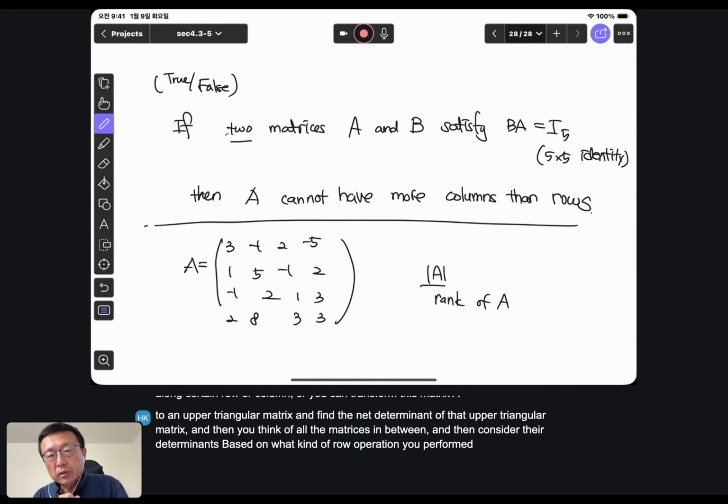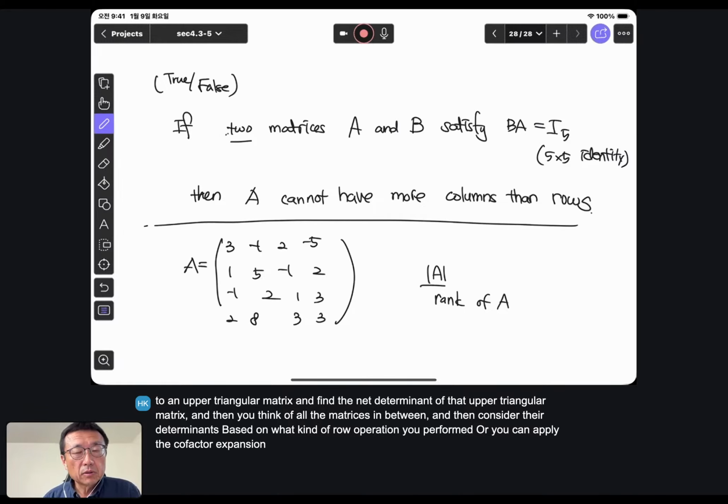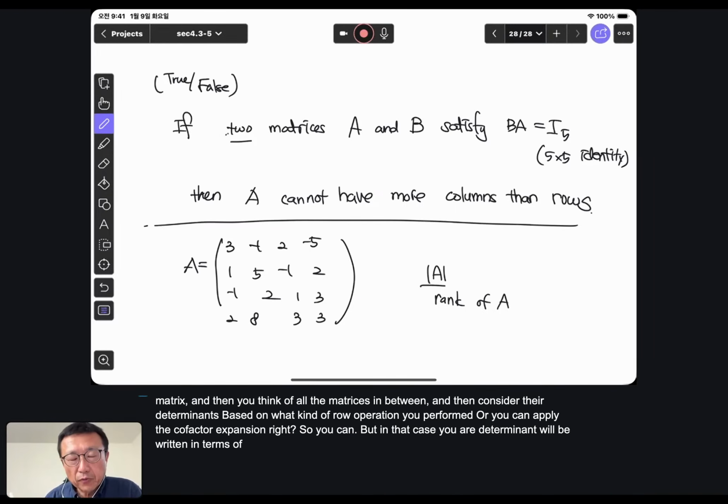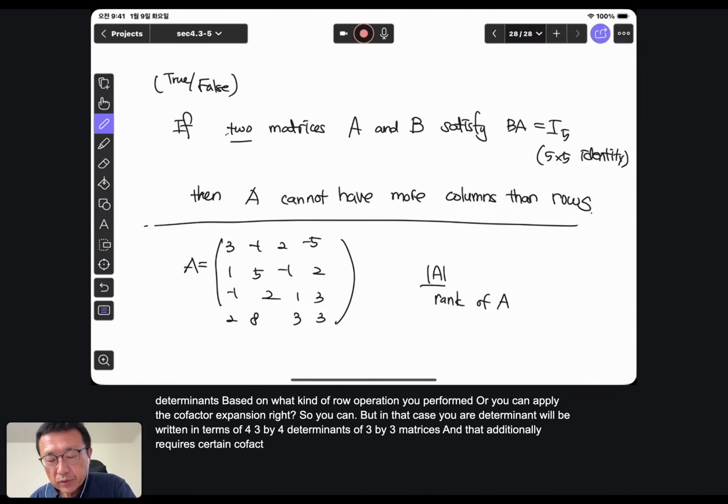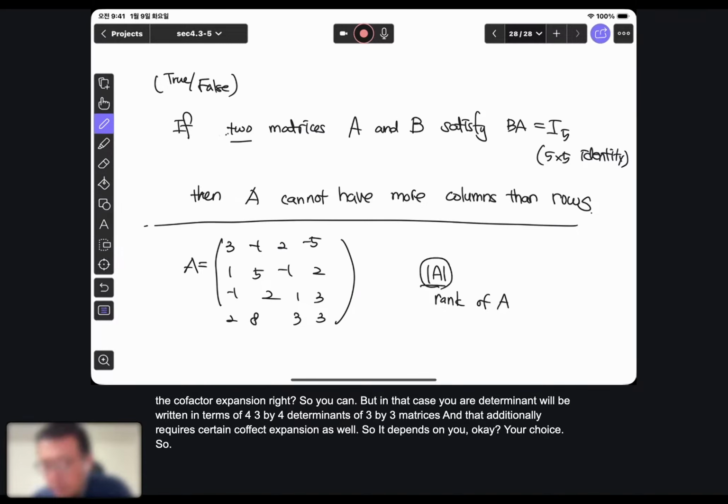Or you can apply the cofactor expansion, right? In that case, your determinant will be written in terms of four determinants of 3 by 3 matrices, and that additionally requires cofactor expansion as well. So it depends on you, okay? Your choice.